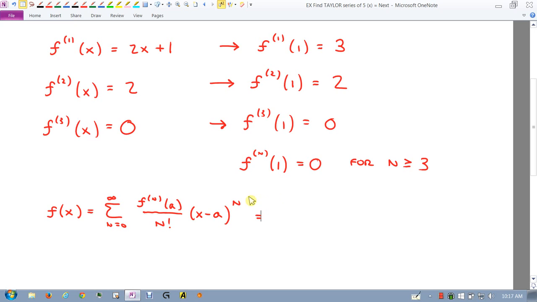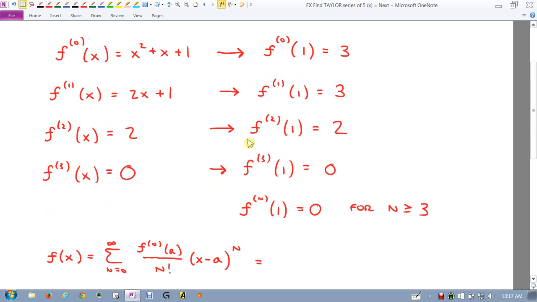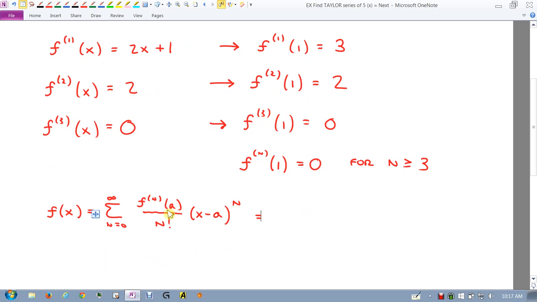All right, so let's start out with n equals 0. If n is 0, what was the zeroth derivative at 1? Because a is 1 for us. It was 3, right? I want to divide that by 0 factorial. So I'm going to put over here 3 over 0 factorial, and then x minus 1 to the 0th power.